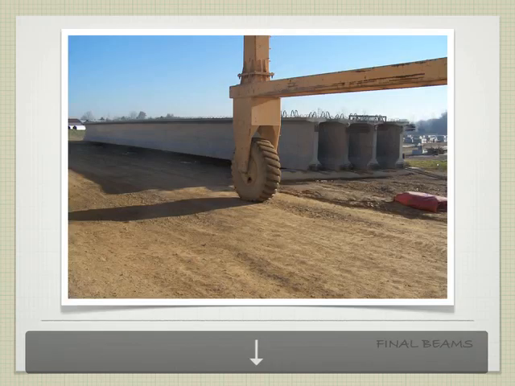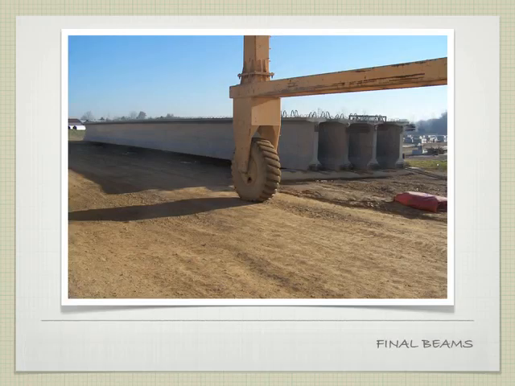Let's see if we can move on. So here we are on site with the final beams. Notice the bulk of the reinforcing is at the bottom. There is some at the top, but the bulk of it's at the bottom. Those are all hanging out, so we know that they've been cut, and they're all pre-tensioned pieces.